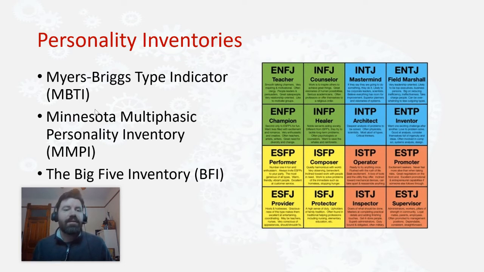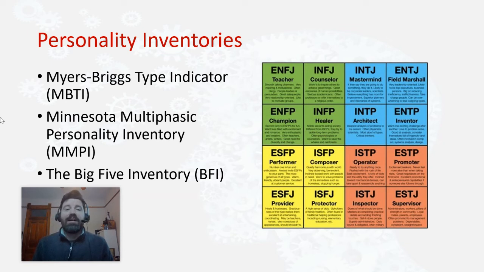The next one I have on this list is what we call the MMPI, the Minnesota Multiphasic Personality Inventory. The MMPI is a personality inventory that few of you probably have taken, maybe a couple of you have, but unlike Myers-Briggs, where lots of people have taken this, sometimes just for fun, you wouldn't want to take the MMPI for fun.